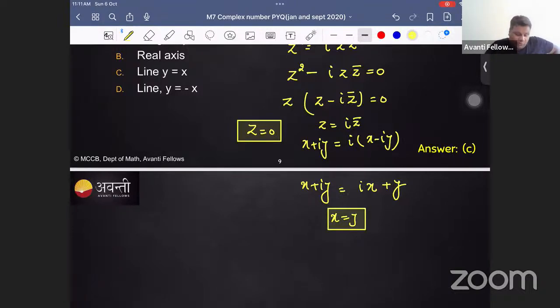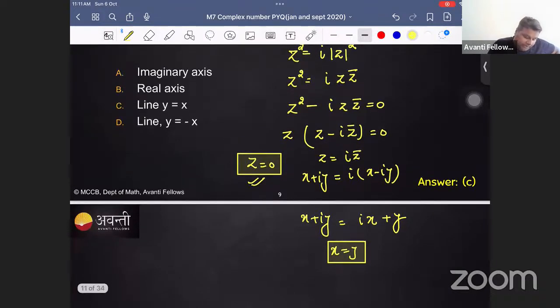Now this x equals y itself covers the 0 plus 0 iota solution. So the answer will be this. Am I clear? And see how simple this question is. So the answer is the line y equals x.